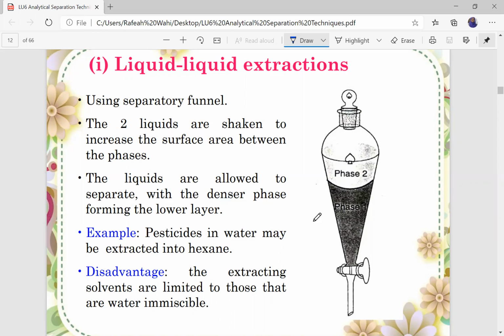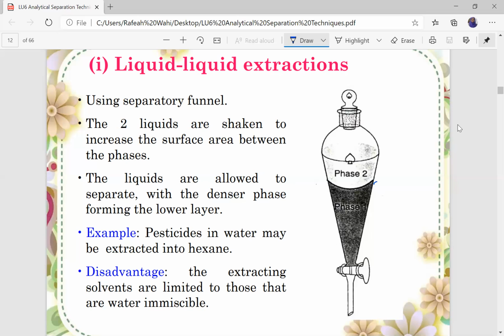So after you mix well the two liquids, which is the water sample containing pesticide and the hexane, you shake them and then you allow them to separate. You put them still, and then the denser phase will be on the lower level of the separatory funnel.